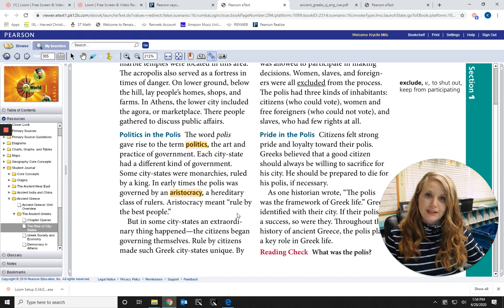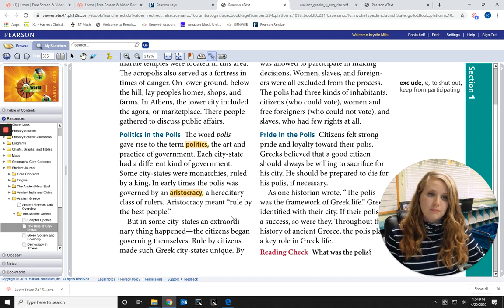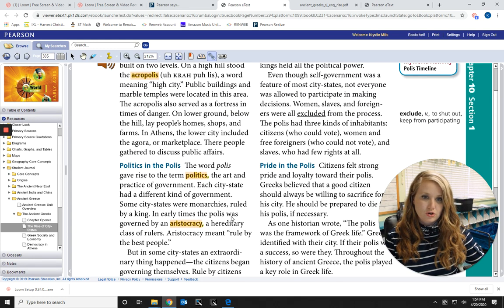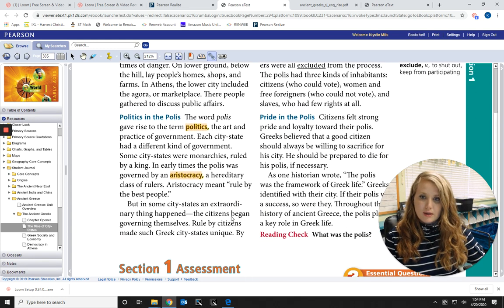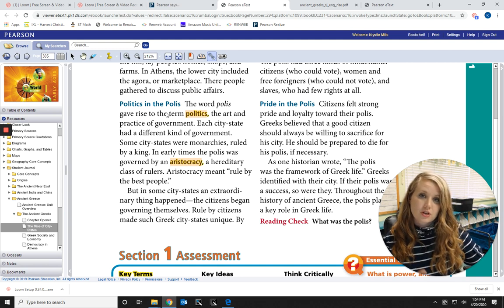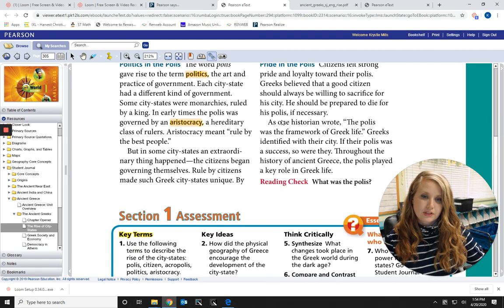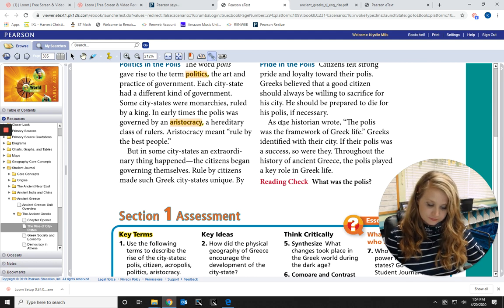So they're born into the aristocracy. You can't buy your way in. You are born in by whoever your ancestors or your parents were. And then again, looking at our headings, we've got politics in the polis. And we learned on the previous page that polis meant city-state. And the pride in the polis.